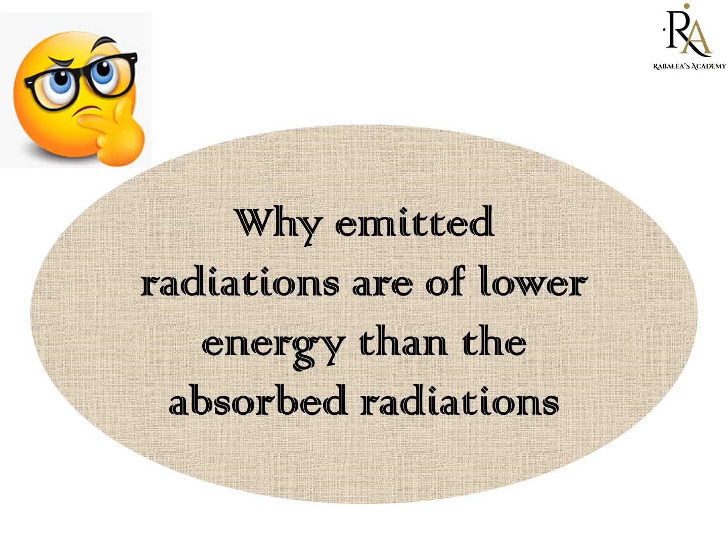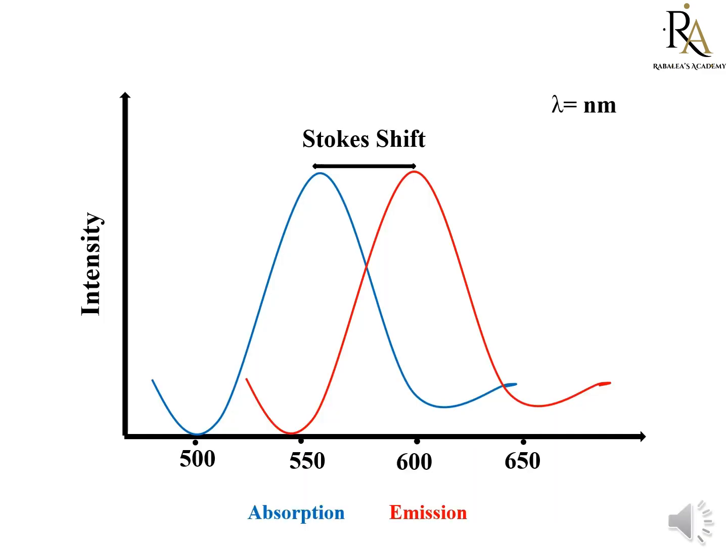There is a frequently asked question: why are emitted radiations always of lower energy or higher wavelength than the absorbed radiations? Let me tell you why. This difference between the wavelengths of emitted and absorbed radiation is known as the Stokes shift. You see, absorption occurs at 550 nanometers and emission occurs at 600 nanometers.